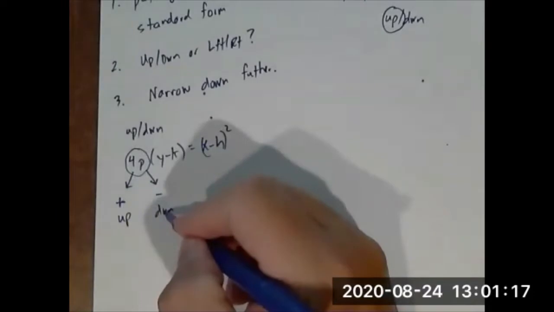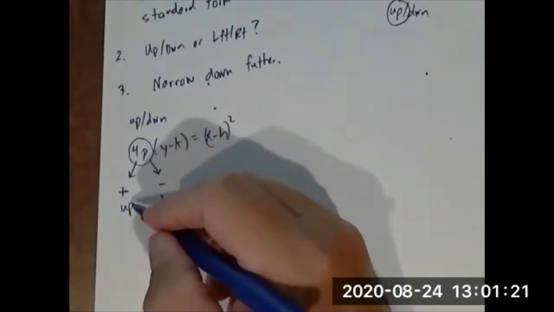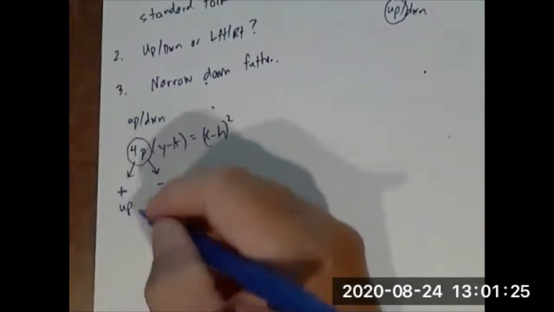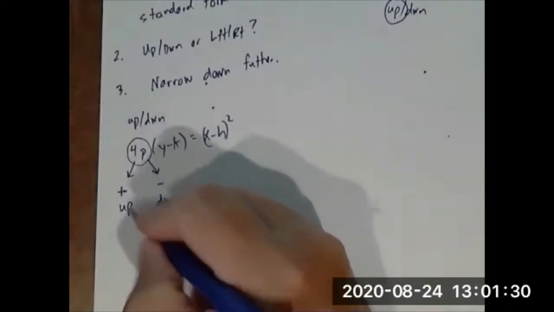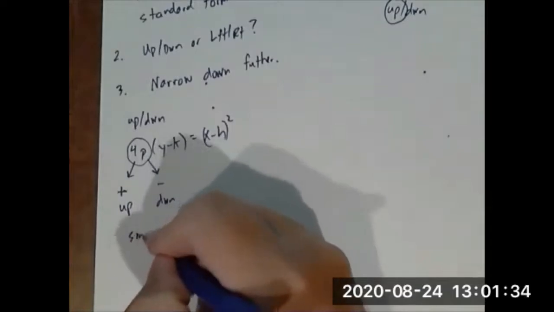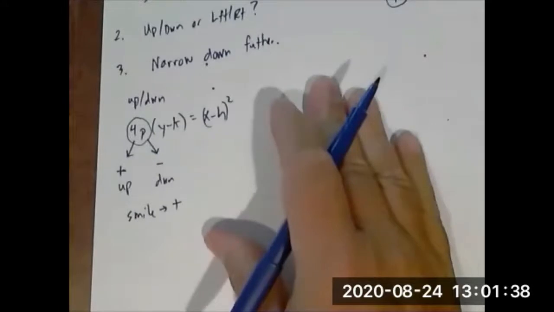Now, sometimes, here's a way that I remember whether it's an up or down. I think of up as positive. What does a positive person do? A positive person smiles.